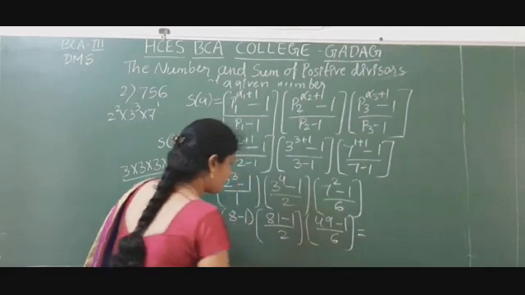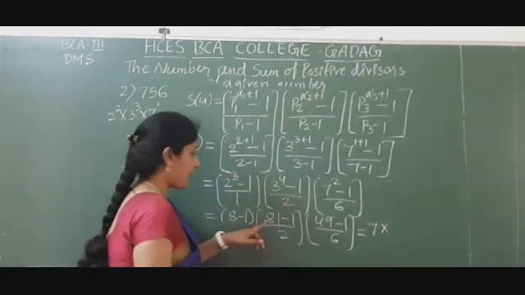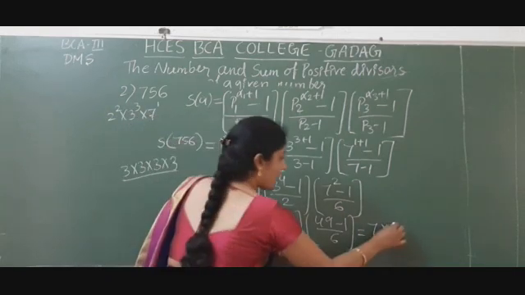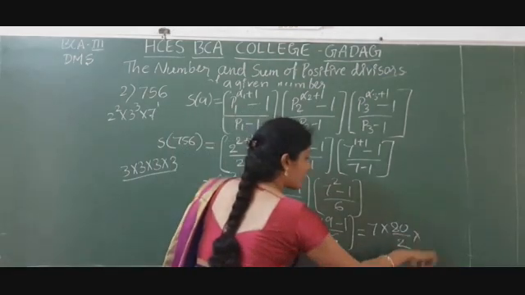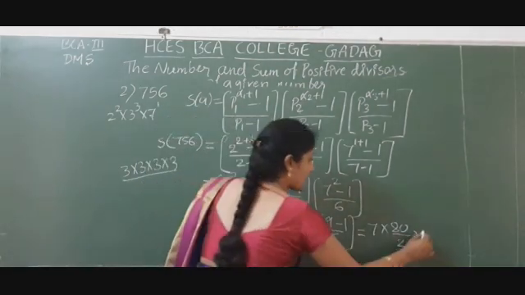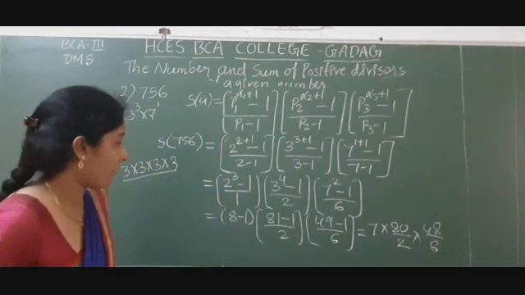Now, simplify this. 8 minus 1, 7 into 81 minus 1, that is 80 divided by 2. Next, 49 minus 1, that is 48 divided by 6. Now simplify it further.